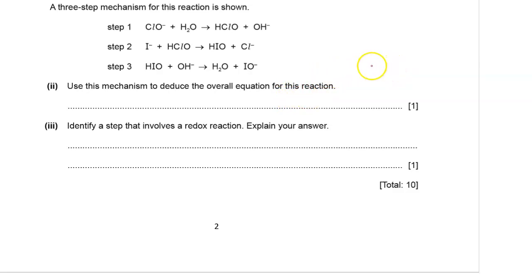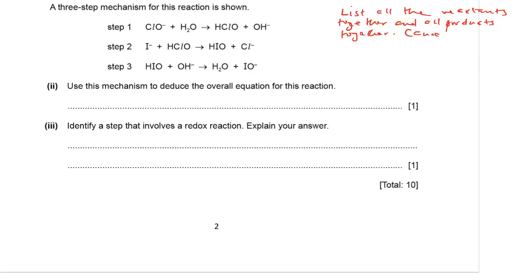To do this, you are encouraged to list all the reactants together, and all the products also together, and then cancel the common species between the products and the reactants.